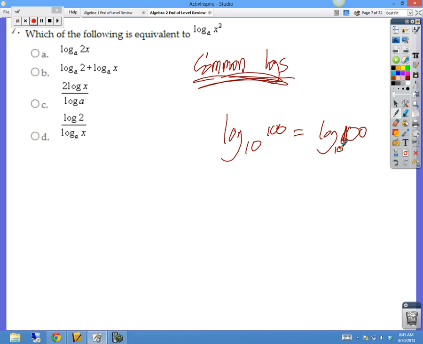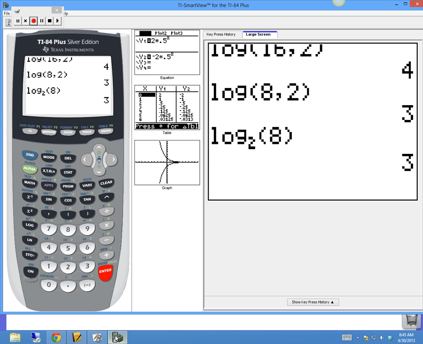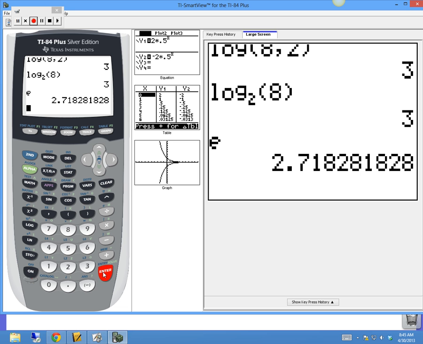Okay? The other common log is log base E. Now E is actually a number. Look on your calculator. E is right above divide, if you go second divide. E is 2.7182818281828. So E is a number, kind of like pi. Pi is a number. So E shows up from these logs and these powers.